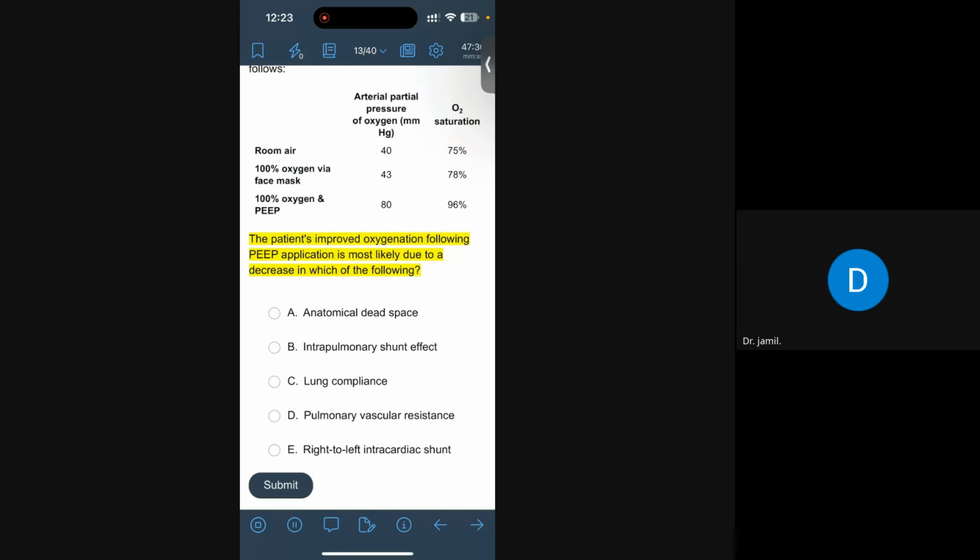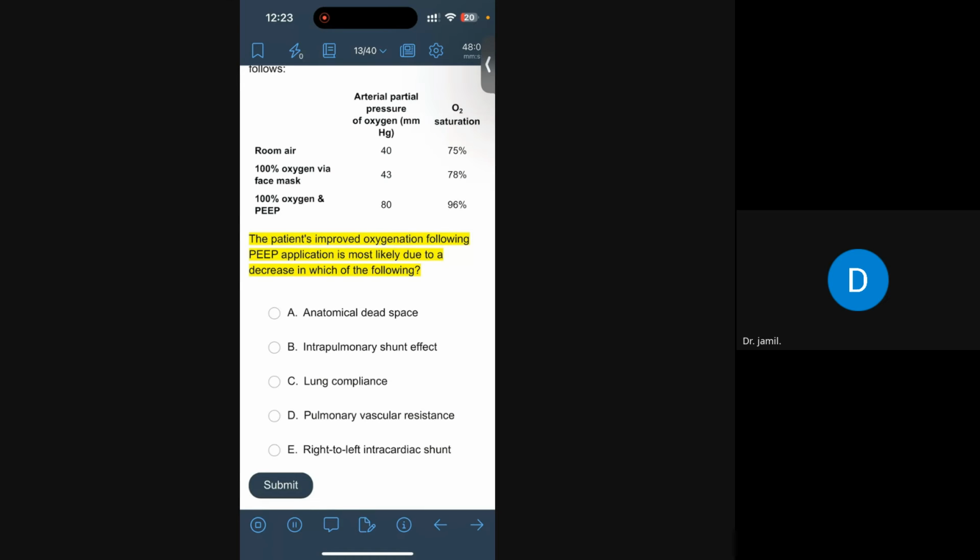Now we come to the discussion of shunt or dead space ventilation. We know that there are two ends of a spectrum. One is dead space ventilation. In V over Q, in dead space ventilation, which one becomes zero, V or Q?